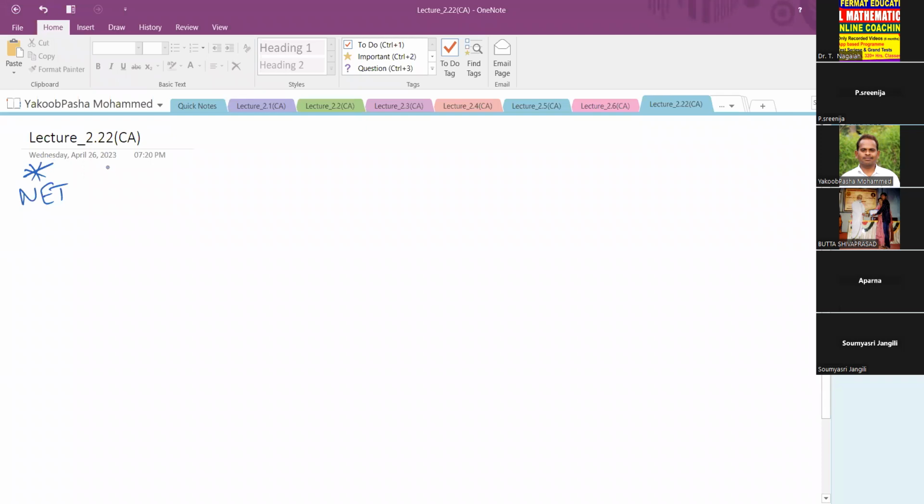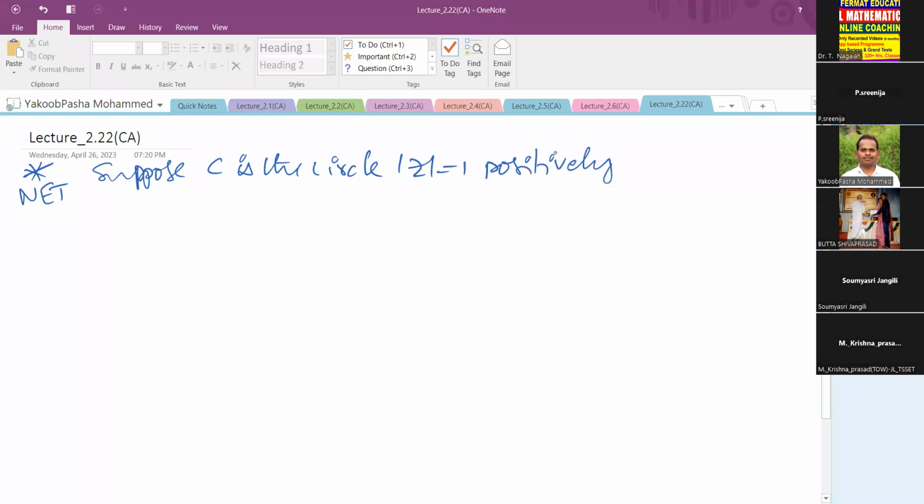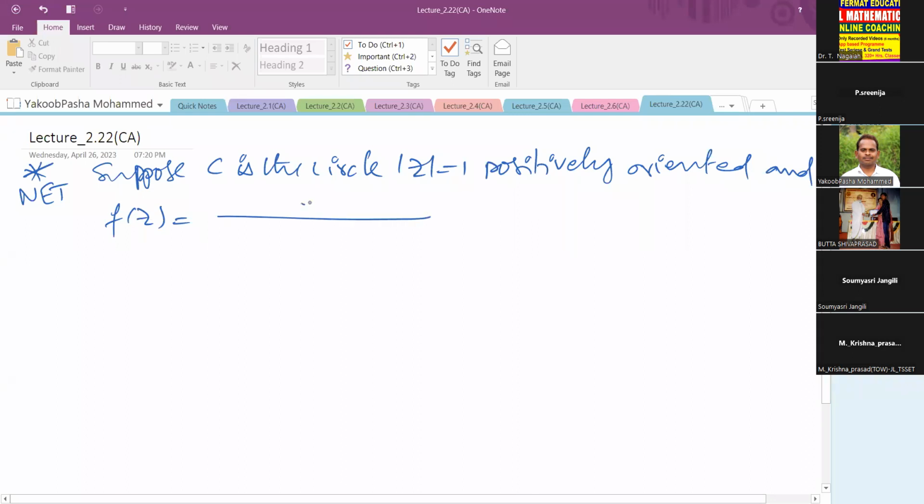Suppose C is the circle |z| = 1 positively oriented, and f(z) = e^z divided by z(z-2)(z-3) and so on up to (z-9).